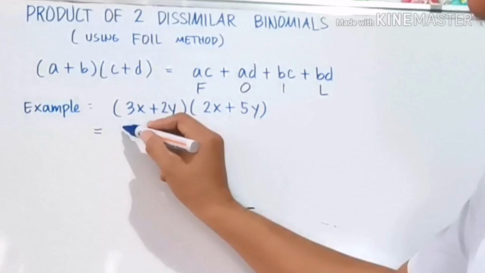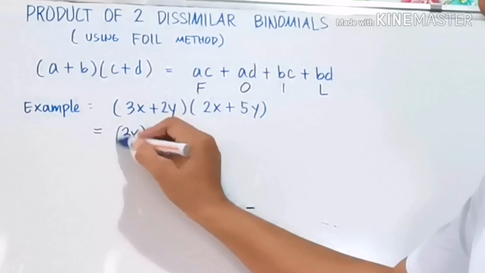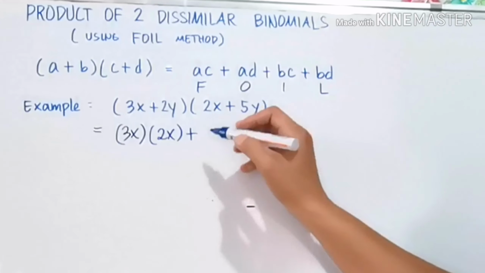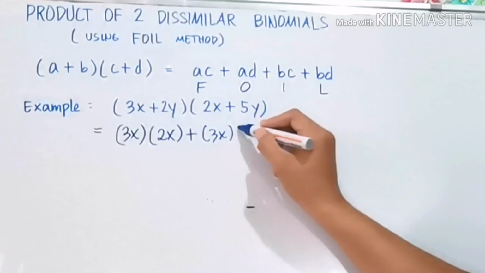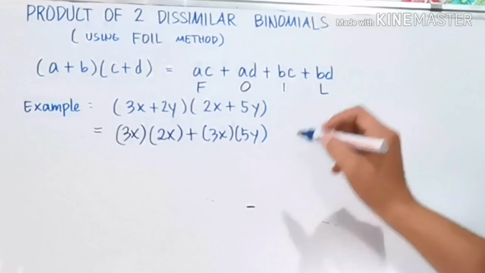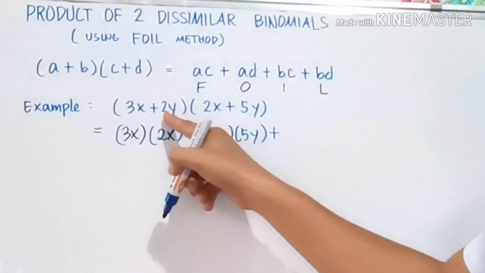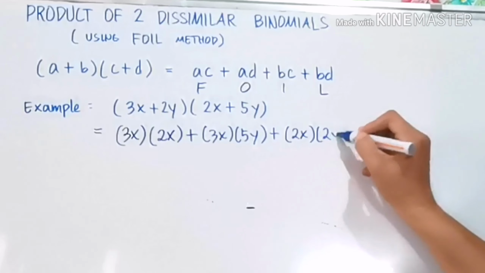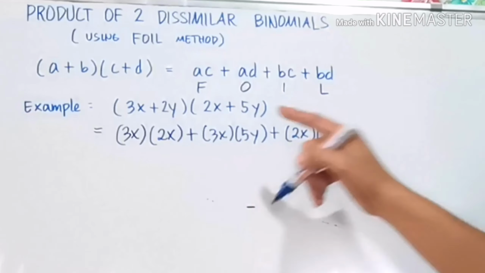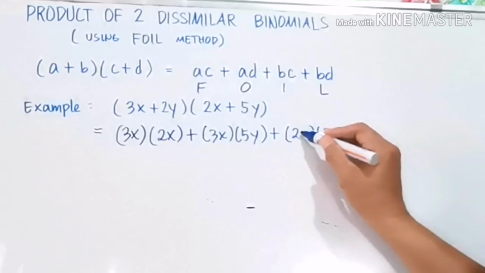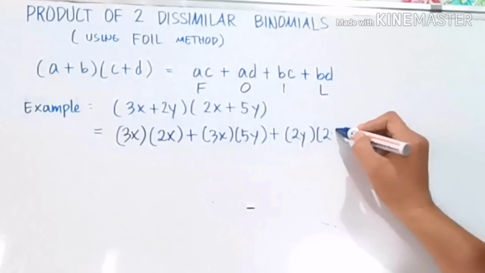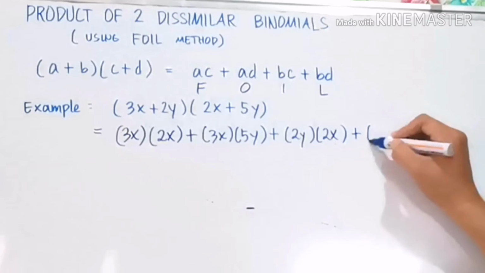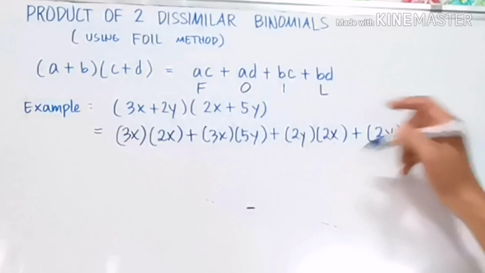We have 3x multiplied by 2x, then we add the outer term, which is 3x multiplied by 5y, and the inner term, which is 2y multiplied by 2x, then the last term, 2y multiplied by 5y.